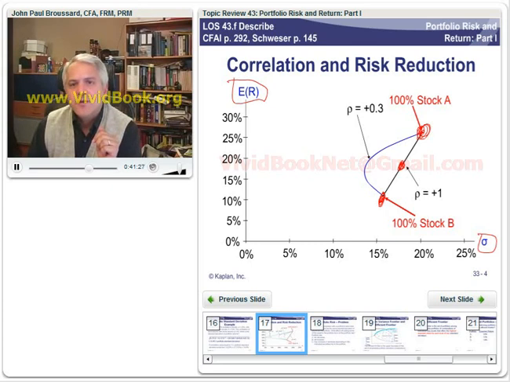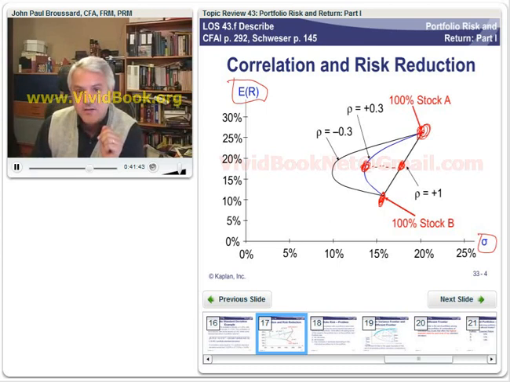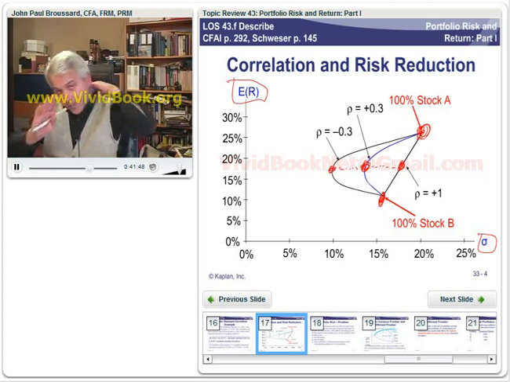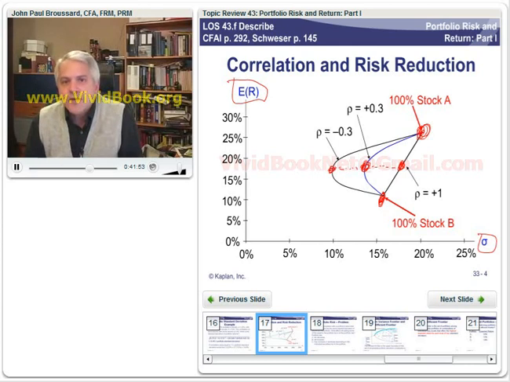You can still form a portfolio that gives you the same return, but look how much less risk you get. And that works all the way down whenever you have different correlation coefficients. So if we have a negative correlation coefficient, wow, we can have the same return, and look how much the standard deviation has declined, somewhere around 18% to almost 14.8% to a little bit less than 10.